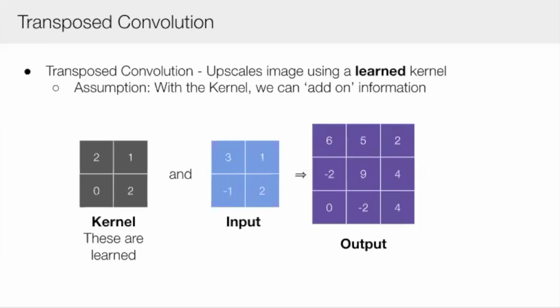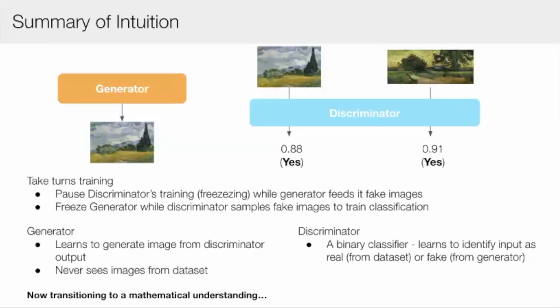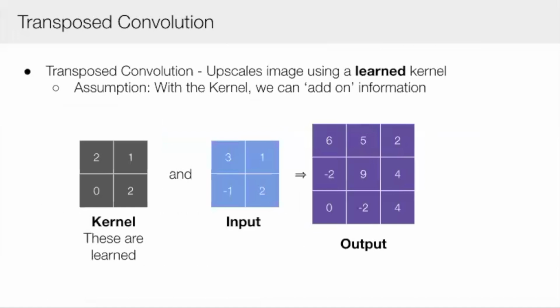So the input is a window from the original image or vector that's the same size as the kernel, and the output is some upscaled grid. The output size is determined by your stride, which I'll get to in a second. Oh, I guess I did not get into that.